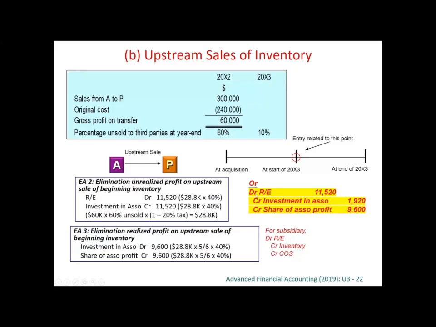Out of the unrealized profit 11,520, 10% out of 60% remains unrealized. 50% out of 60% has been realized. So 1/6 remains, 5 out of 6 realized. It should be so, because out of the 60%, 10% remains.